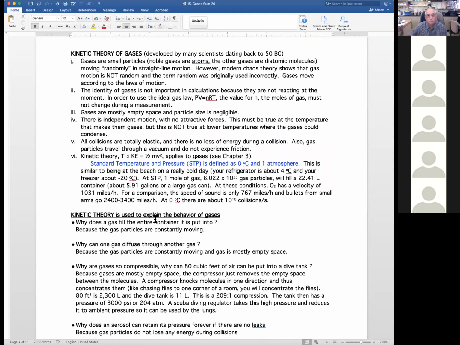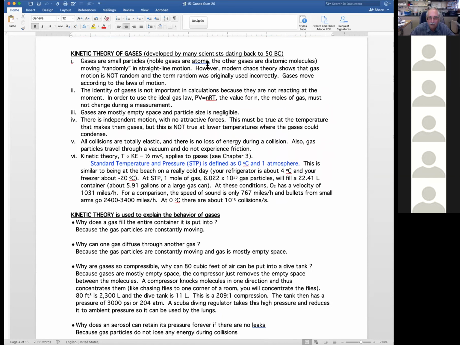So here's one of the major things I want you to get out of chapter 15, and that is to understand the kinetic theory of gases. So kinetic theory is used to explain the behavior of gases. So it's very simple. Gases are small particles.